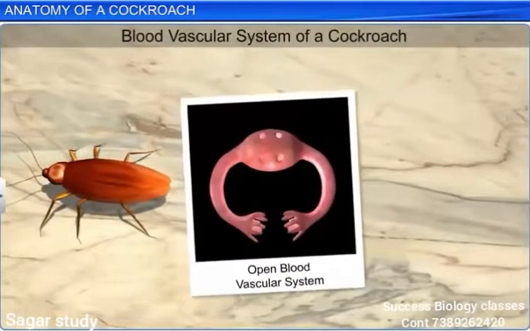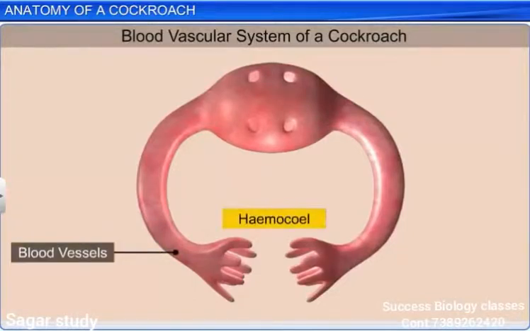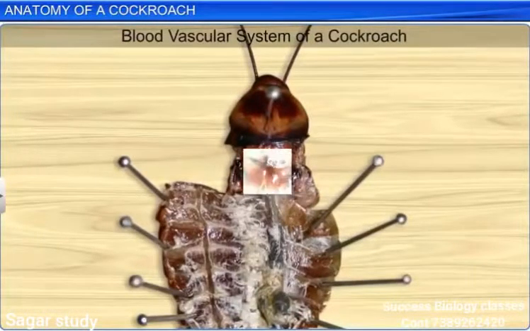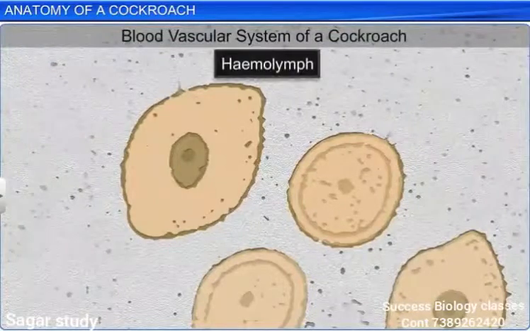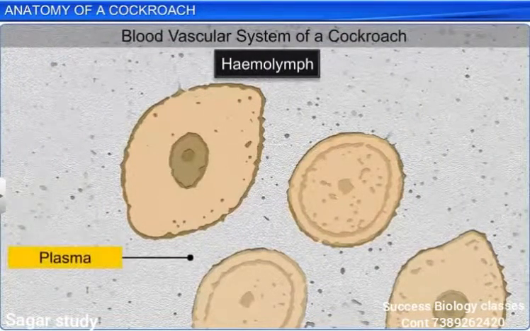Cockroaches have an open blood vascular system with poorly developed blood vessels that open into a hemocoel or open body space. The visceral organs situated in this hemocoel are immersed in blood or hemolymph, which consists of colorless plasma and hemocytes.